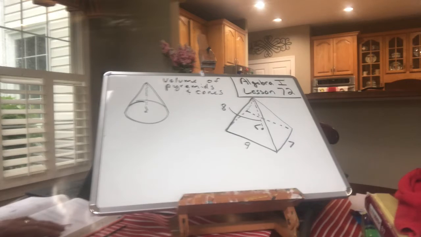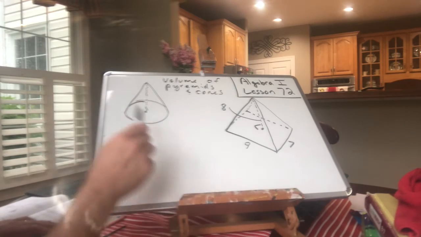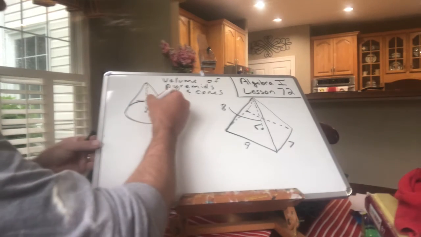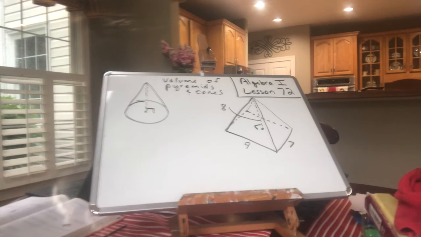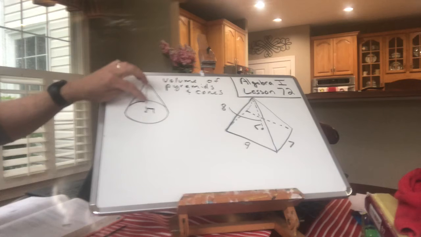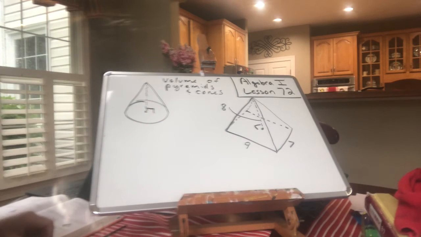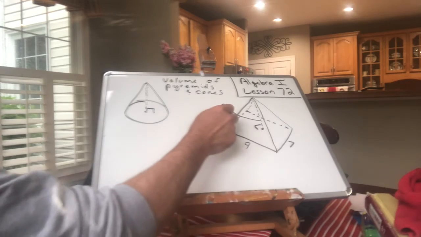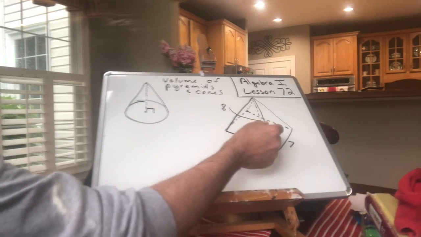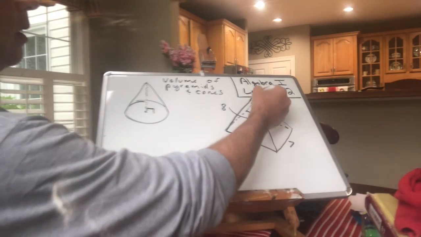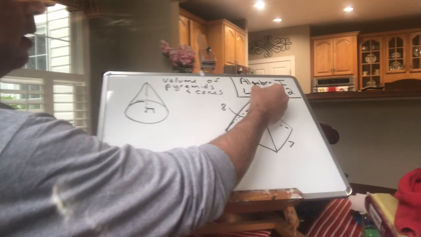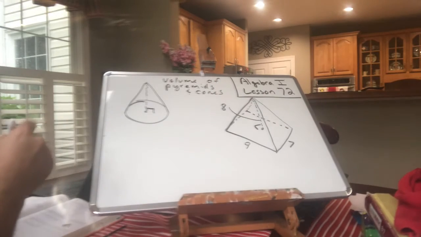If it doesn't meet at a right angle, it's not the height, right? They're gonna make it easy to start off with, the height meeting at a square at the center of the base, okay? So the height of this pyramid is 8, and that means it goes from the center of the base at a right angle all the way to the vertex up here, all right?